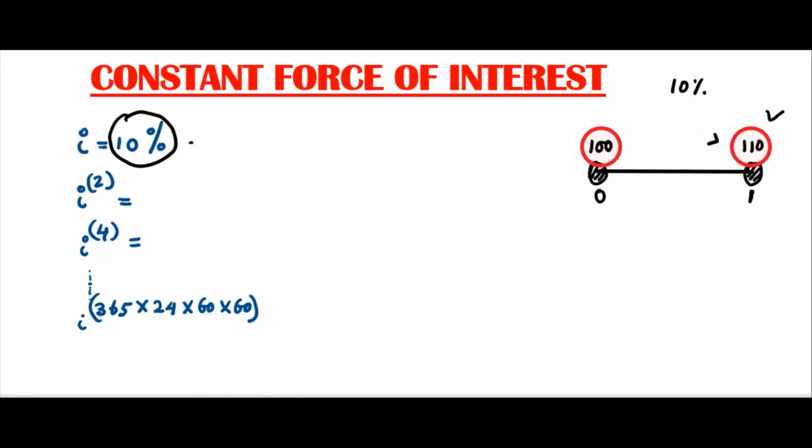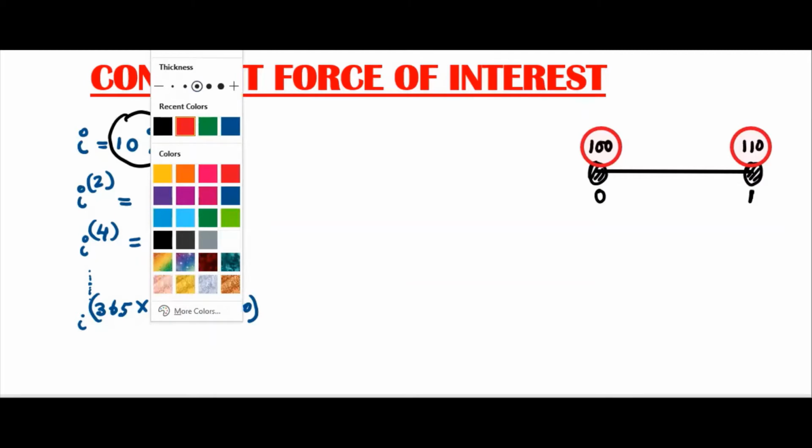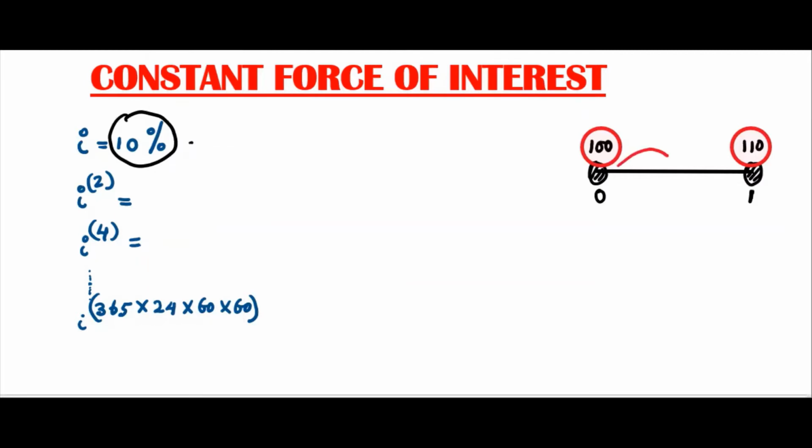There is another possibility. If you deposit in a bank where your money will be compounded twice, then you have to get i2 divided by 2. This is 9.76%.